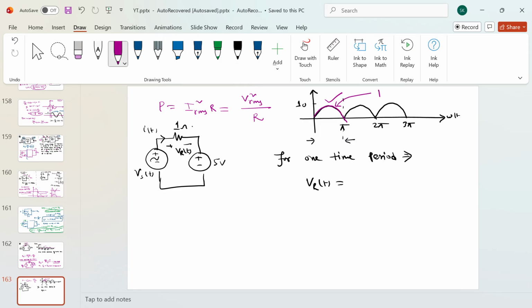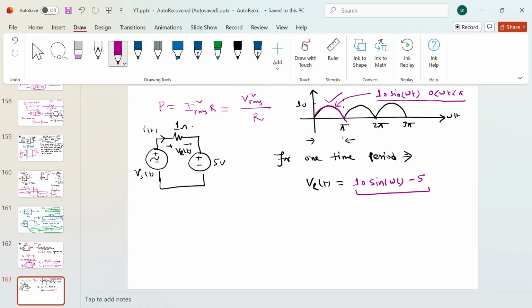So this expression is 10 sine omega t, valid only for omega t from 0 to pi. So for one time period, the voltage across the resistance will be 10 sine omega t minus 5.